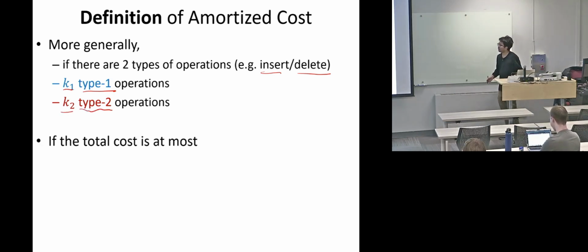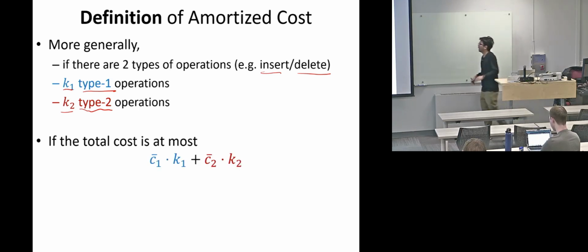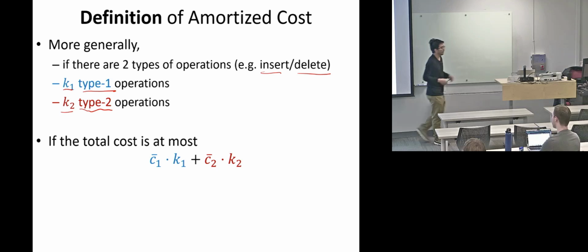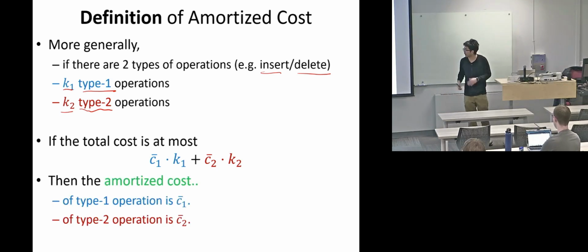Then if the total cost is bounded by C1 bar times K1 and C2 bar times K2, naturally we define the amortized cost of a type 1 operation to be C bar 1 and the type 2 operation cost to be C bar 2.